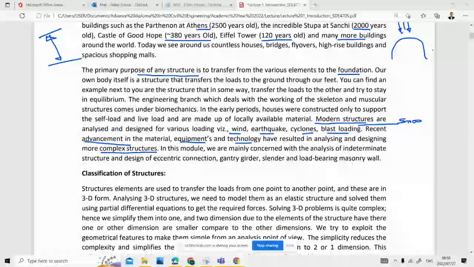Sorry. So I'm just telling about the modern structures, and we are analyzing this for various kinds of load. And now there is an advancement in the material, etc., which is leading us towards more complex structures. And if you Google more advancements in structural engineering, you will find several other buildings which are coming into existence.